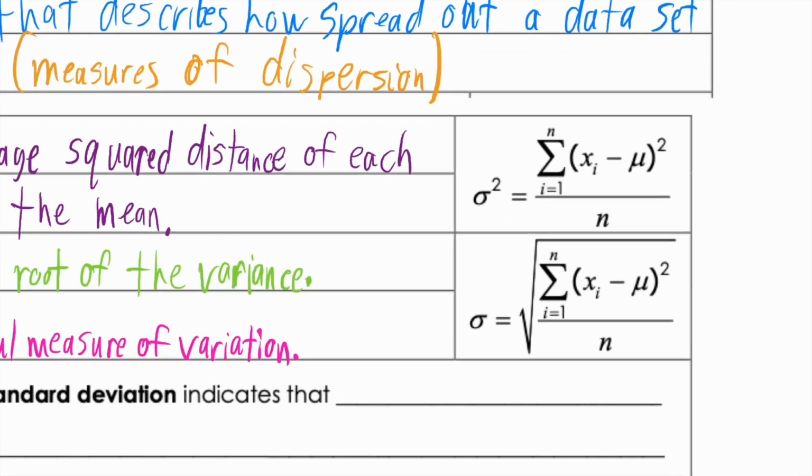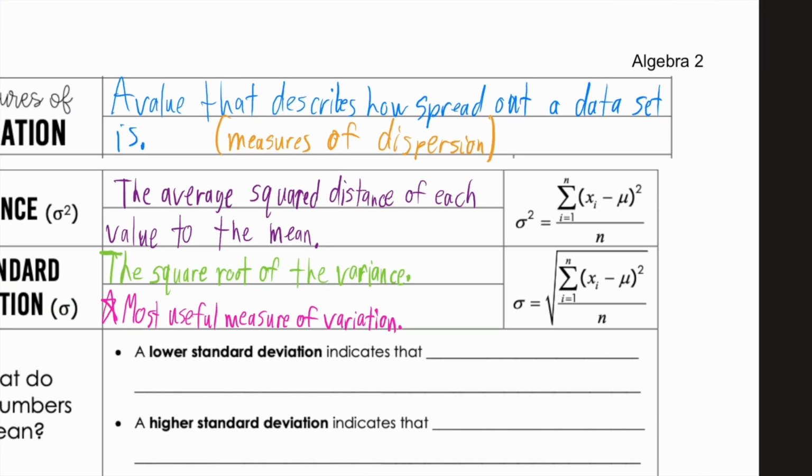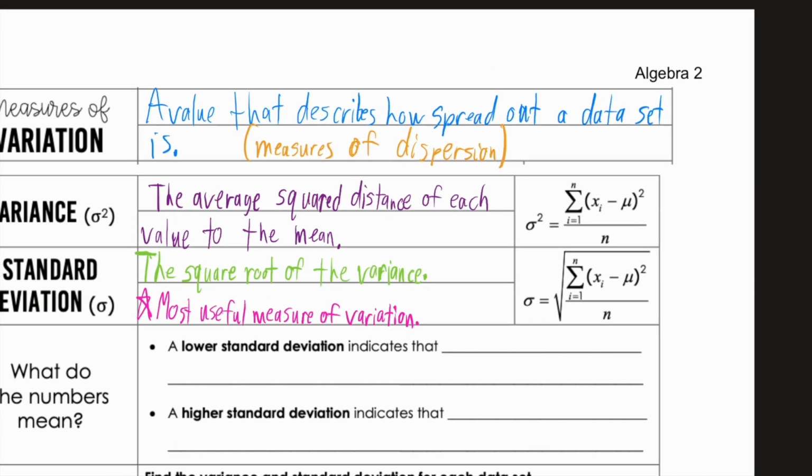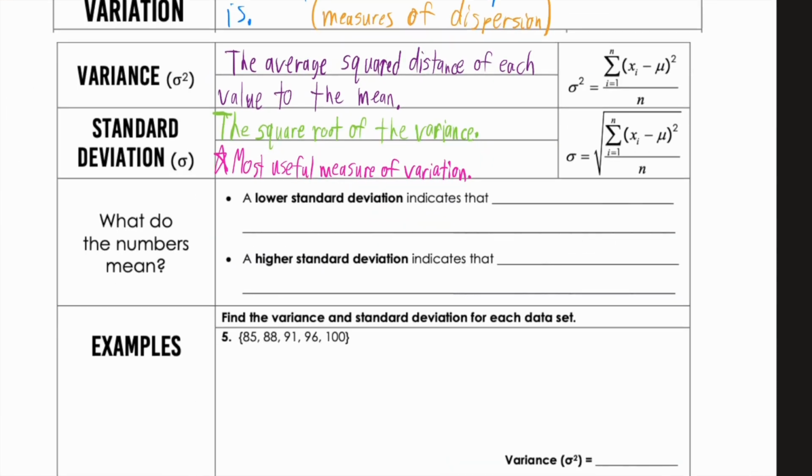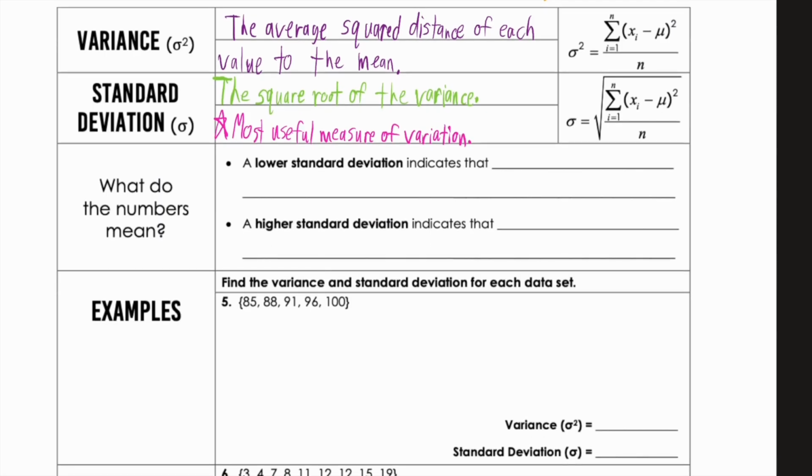And so there's this crazy formula here, which I'll actually explain in a little bit. But you won't actually have to know that later. So what do these numbers mean? So I talked about how they're more or less spread out. So a lower standard deviation indicates that, and the same with the variance is true, the values are closer together.